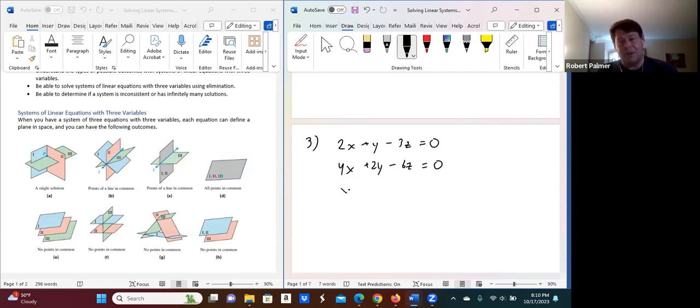And then the last one, x minus y plus z is equal to 0. Let me double check to make sure I wrote those down correctly, because if I made a mistake, then I might not get the result I expect. Okay, once again, call these A, B, and C as before.